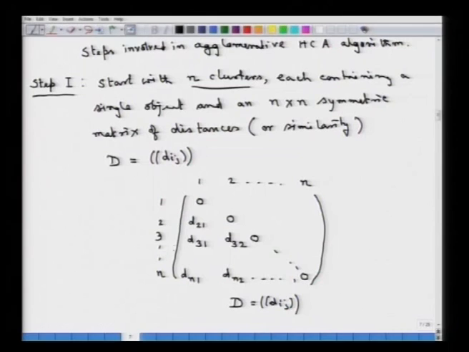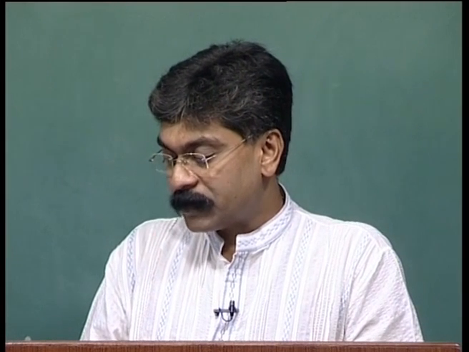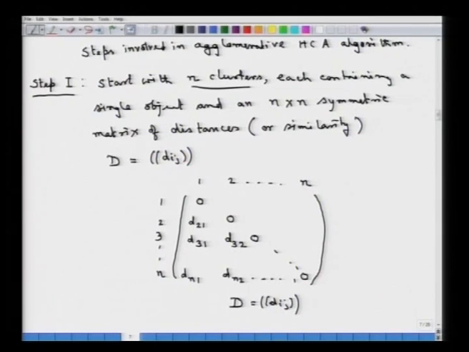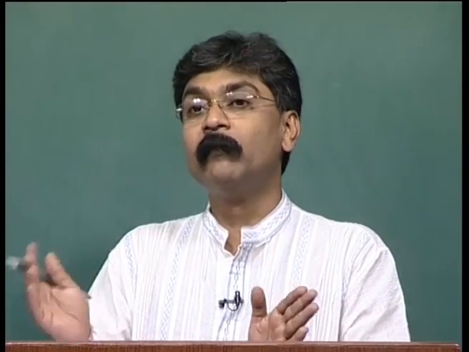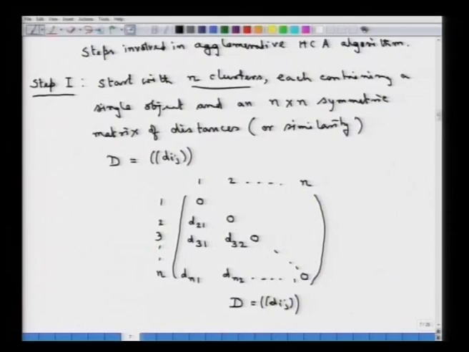In other words, from these mutual distances, which give us the distance between any two objects in this set, the minimum is what is sought after. So, if we see that this d_32 is the minimum among all these entries here, we will infer that object number 3 and object number 2 are closest to one another in terms of all these mutual distances, and hence we will merge those two cases for which the mutual distance is the minimum. So, that is the second step.